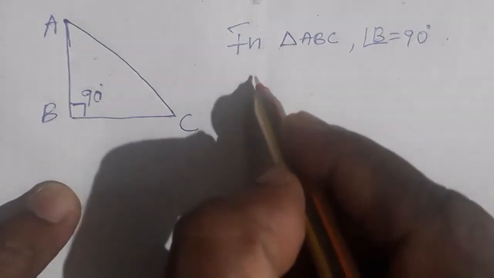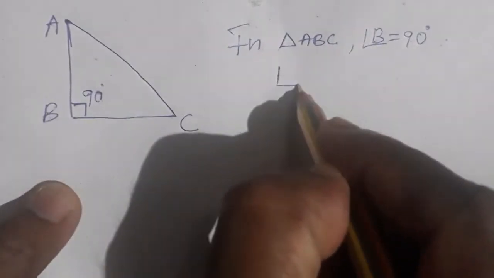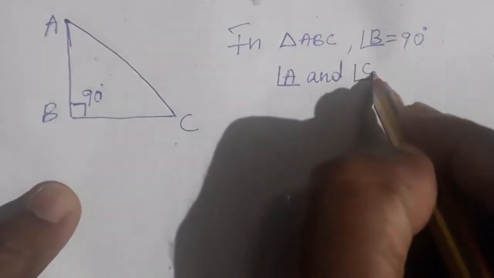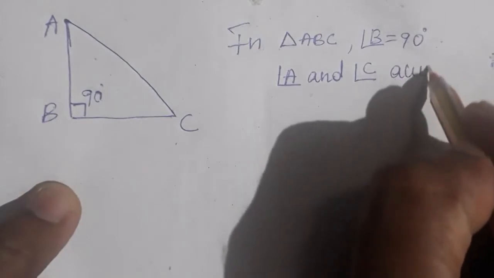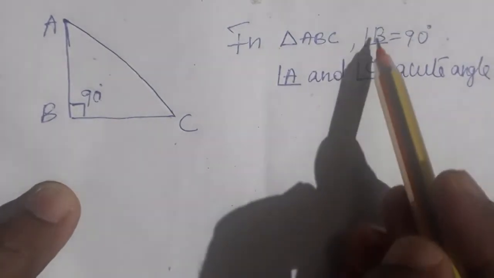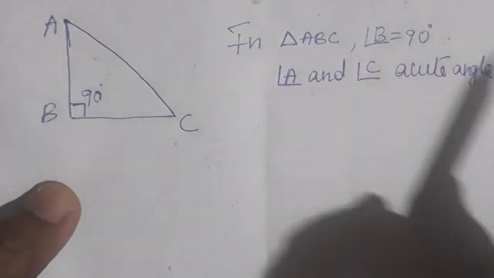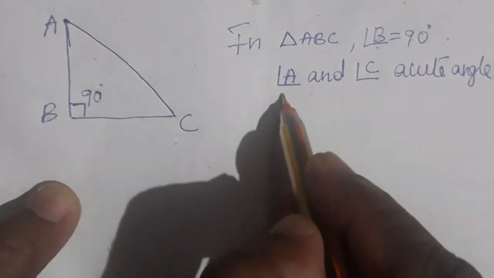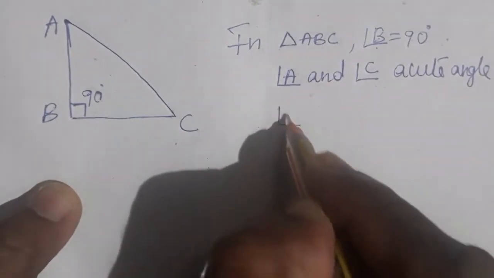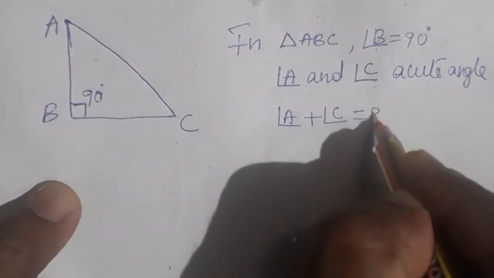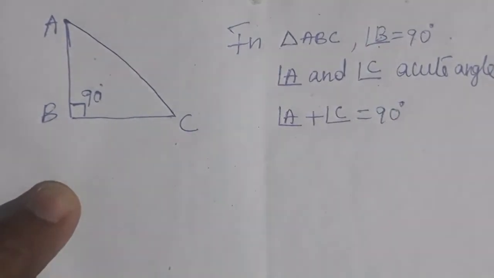Therefore, definitely we know that angle A and angle C must be acute angles. We know that the sum of three angles is equal to 180 degree. Now if angle B is 90 degree, then the sum of these two angles, that is angle A and angle C, must also be equal to 90 degree.